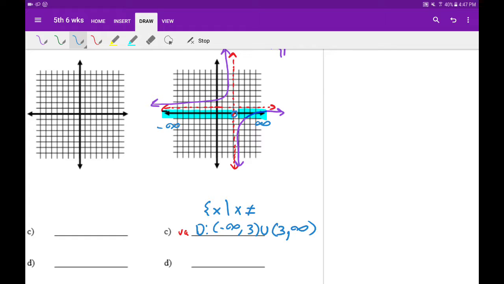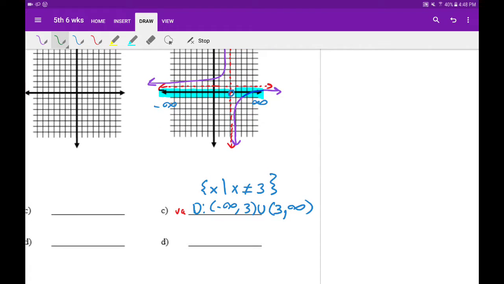Another way you can write this is x such that x cannot be wherever the asymptote goes through. This vertical asymptote goes through the x-axis at 3, so x cannot be 3. For the range, it works very similar, except you're going from bottom to top. This one's affected by the horizontal asymptote, and we have the same situation. In yellow, I'm highlighting here: we keep going up all the way until 1.